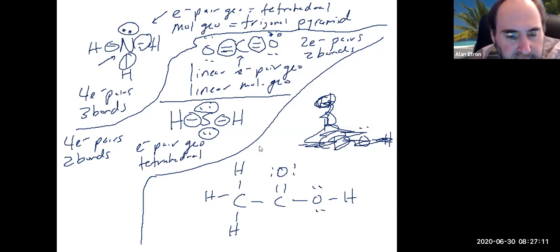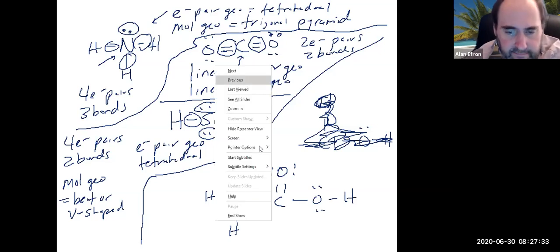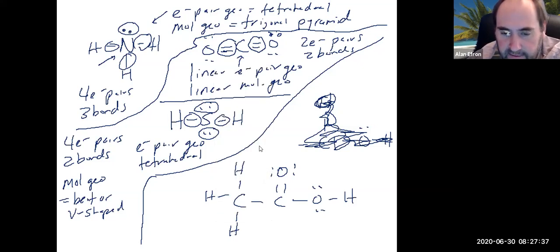And with those 2 bonds and those 2 non-bonding electrons, remember they're going to try to get away from each other. The molecular geometry here is going to be bent or V-shaped. Any questions on those first few? So let's then talk about this little mess I was drawing over here. Let me try to clear some of that mess.